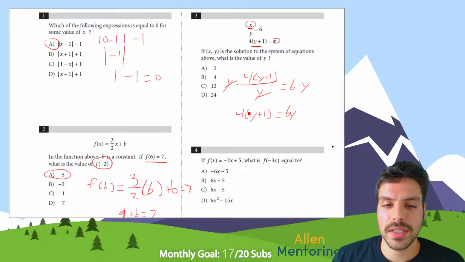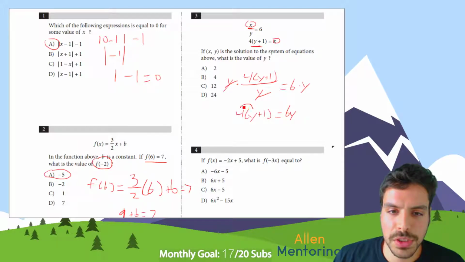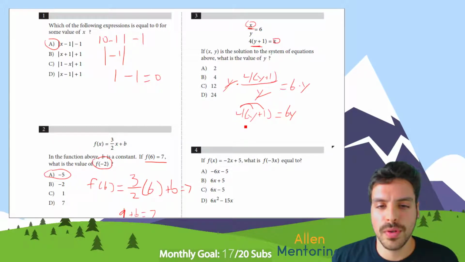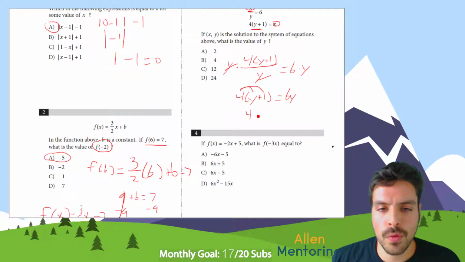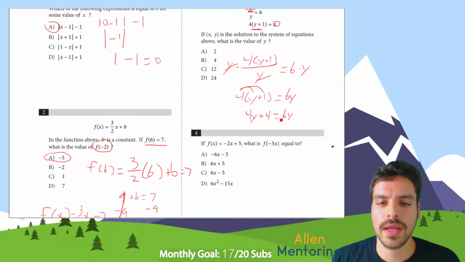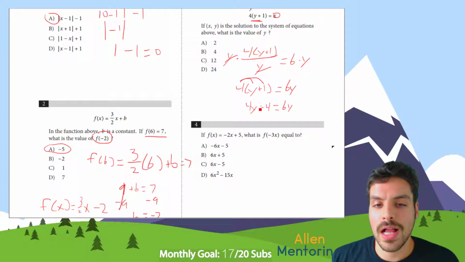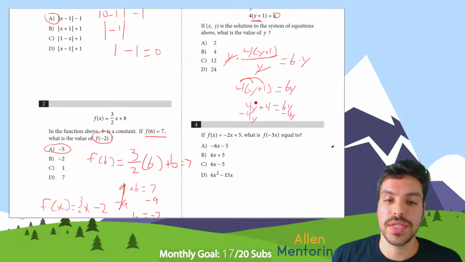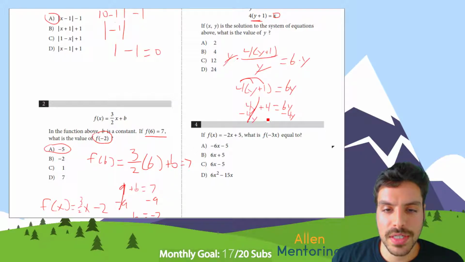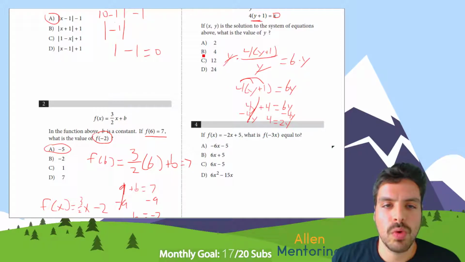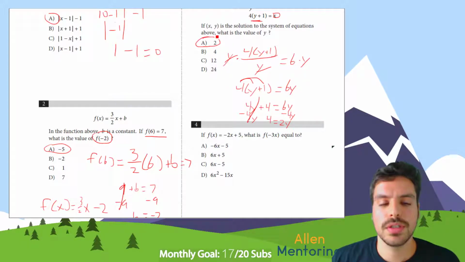Let's get rid of these parentheses, and to do that, we will distribute the 4 to both of these. So we get 4y plus 4 is equal to 6y. And now we want to consolidate all of the y's on the right side, so we're going to subtract 4y on both sides, the opposite to both sides. This cancels out, and so now we get 4 is equal to 2y, hence y is equal to 2.